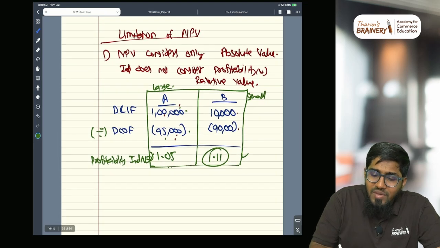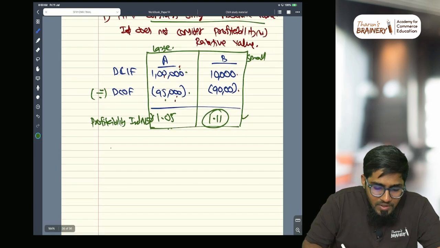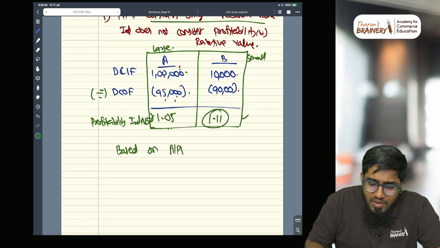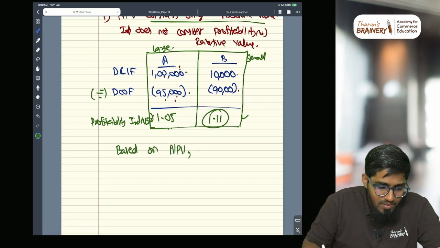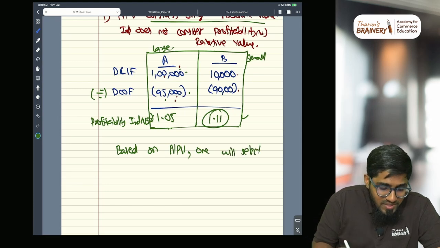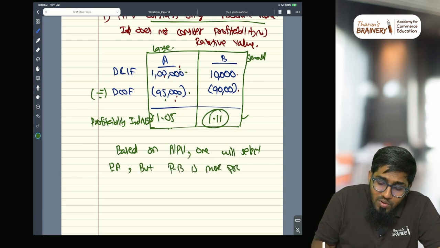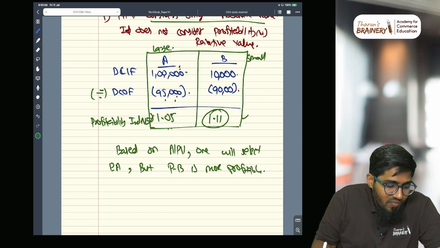NPV considers only absolute value, it does not consider the profitability value. So based on NPV, one will select project A, but project B is more profitable.